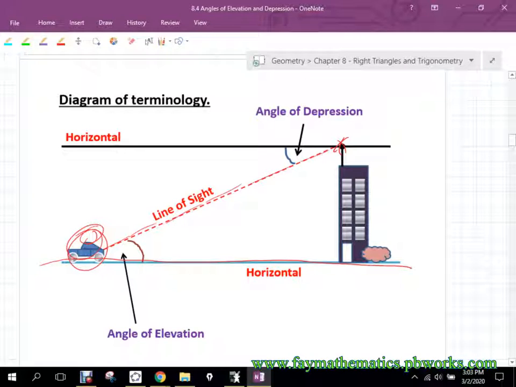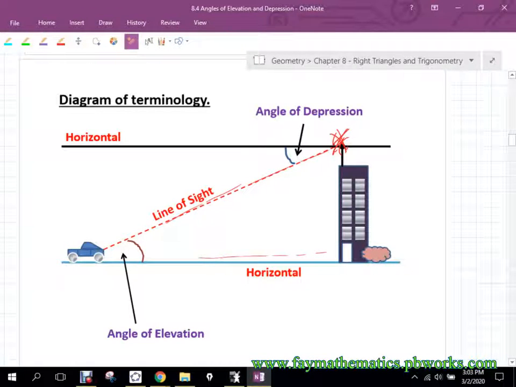So if we go back up to the definitions, a line of sight and a horizontal intersecting create what we call our angle of elevation. Think about this. If you're in this car and you're driving normally, you'd be looking that direction, right? But if you look up here, don't your eyes have to elevate? And they elevate by that angle, okay?